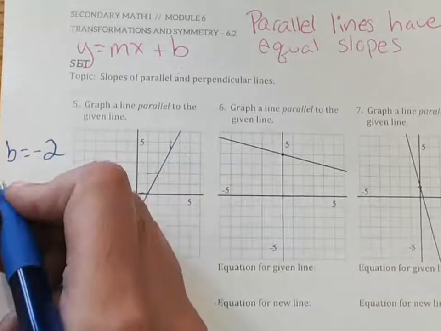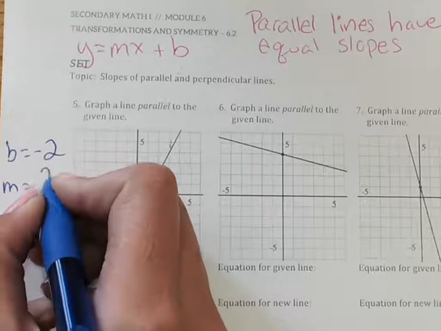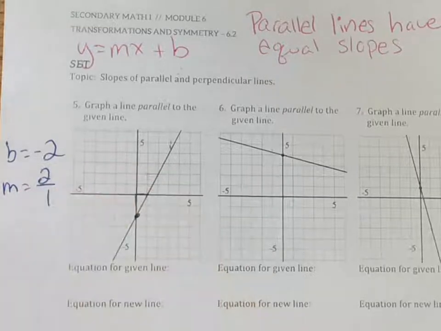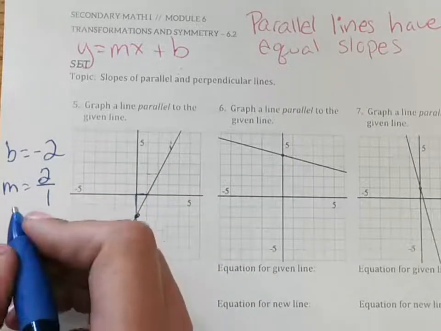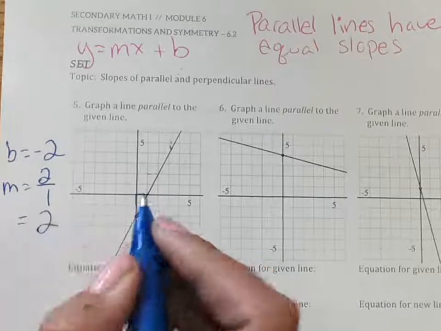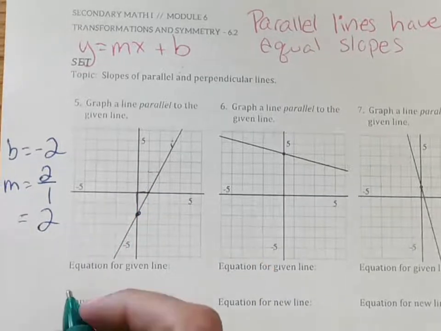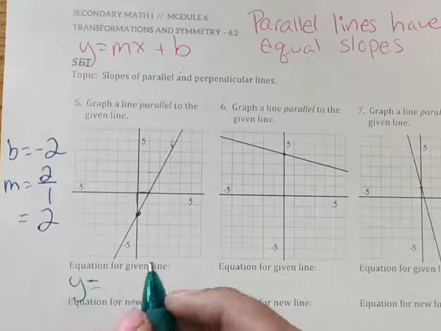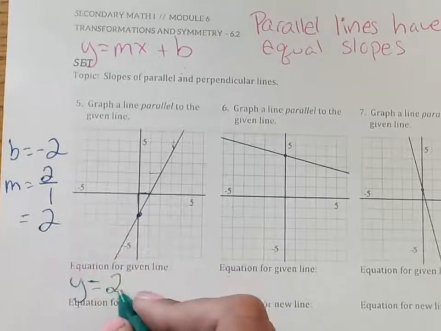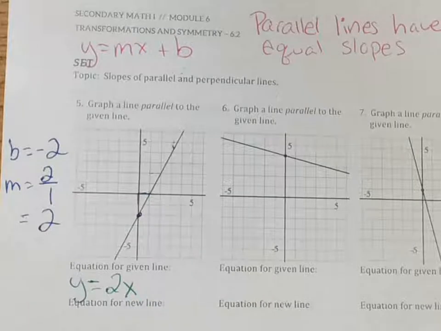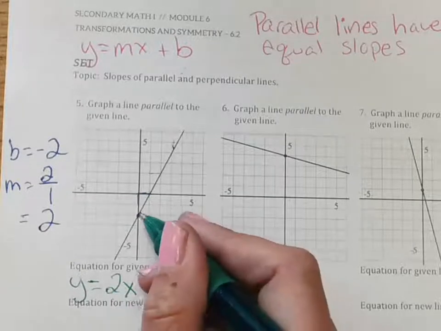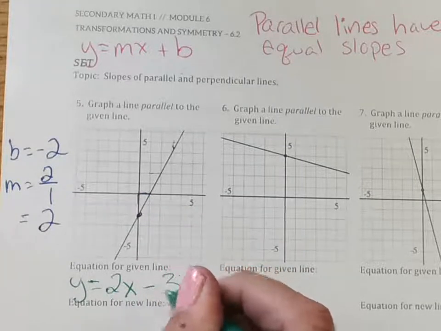So our slope is 2 over 1, which is just 2. Okay, so our equation for the given line, which we write right here, is y equals my slope, which is 2x, and then my y-intercept is that -2, minus 3.